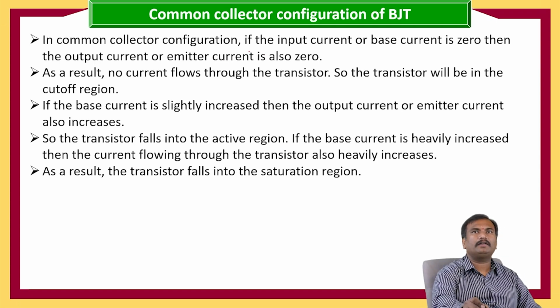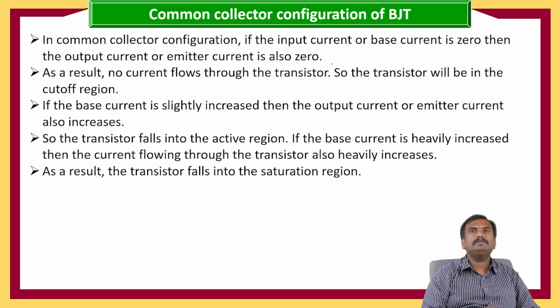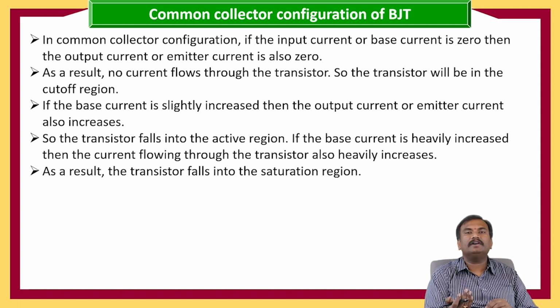In common collector configuration, if the input current or base current is 0, then the output current or emitter current is also 0. Because when there is no base current, we know that bipolar junction transistor is a current control device. When we have given some input to the base, then only the transistor is going to work.